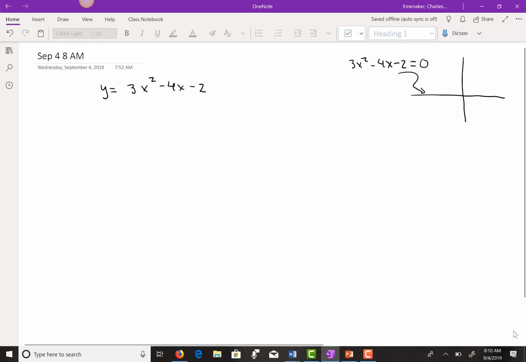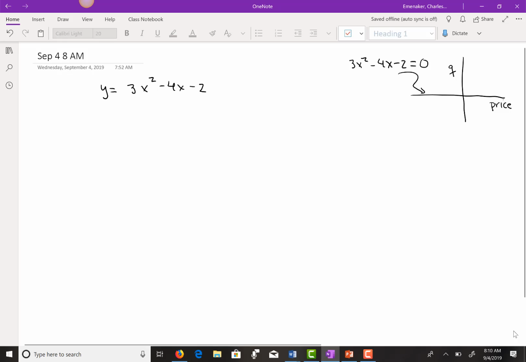In business and things like that, it's going to have specific meanings. For example, if this is a quantity we're going to be producing, and this is the price, finding where it intersects the x-axis would mean the price is what? 0.